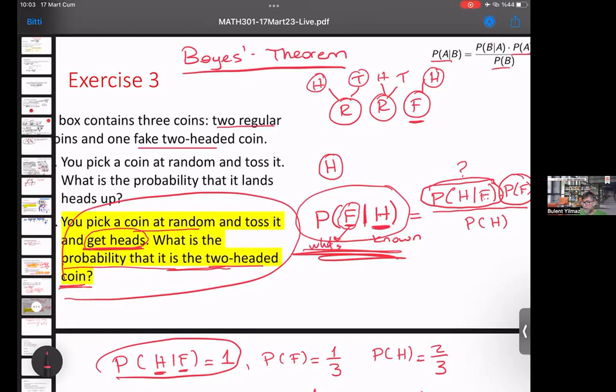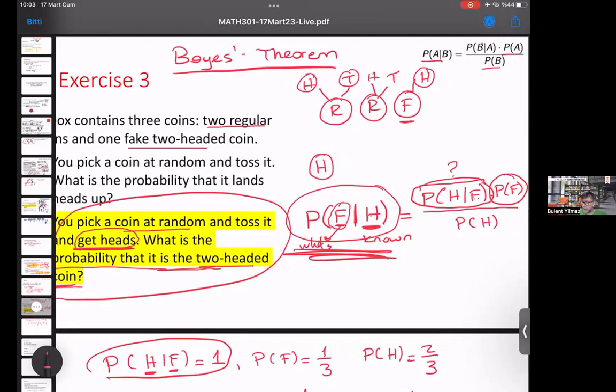Okay, and then if I have this, what should I do? I'm going to apply Bayes' theorem: P(A given B) equals P(B given A) times P(A) divided by P(B). So this B goes here, this A goes here, and then the probability of B given A is probability of H given F, times probability of F, which is A, divided by probability of H, obtaining heads.